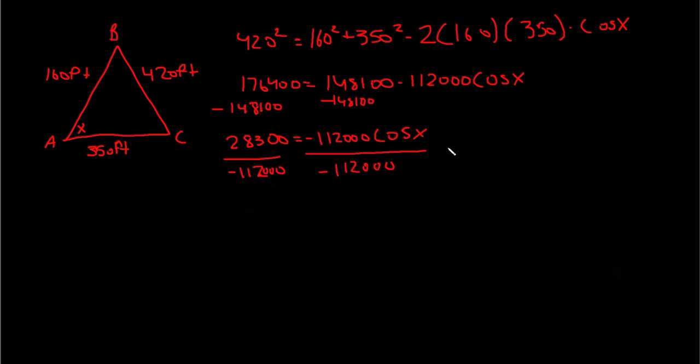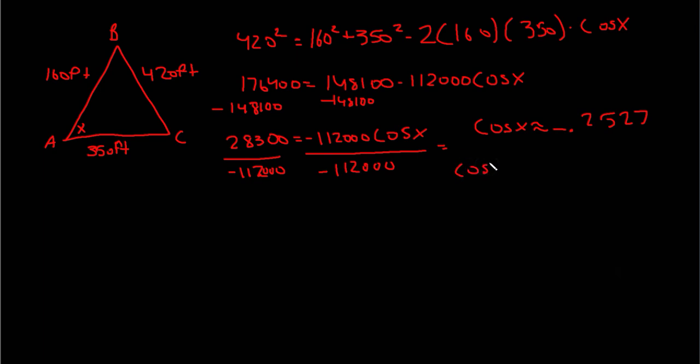We're going to have cosine of x is roughly equal to negative 0.2527, and we can do the inverse of cosine.